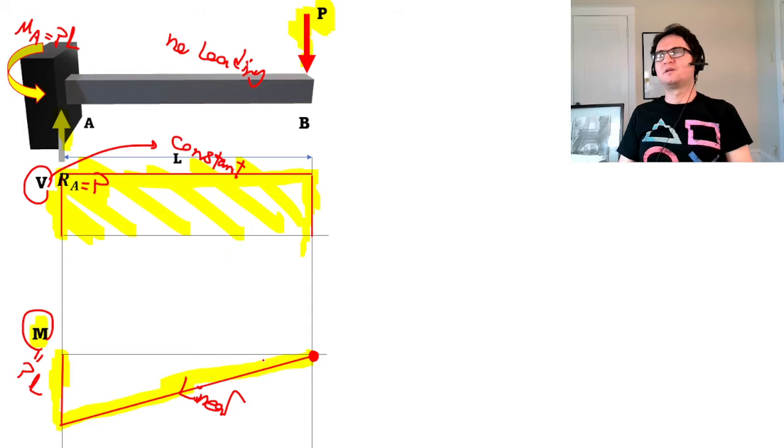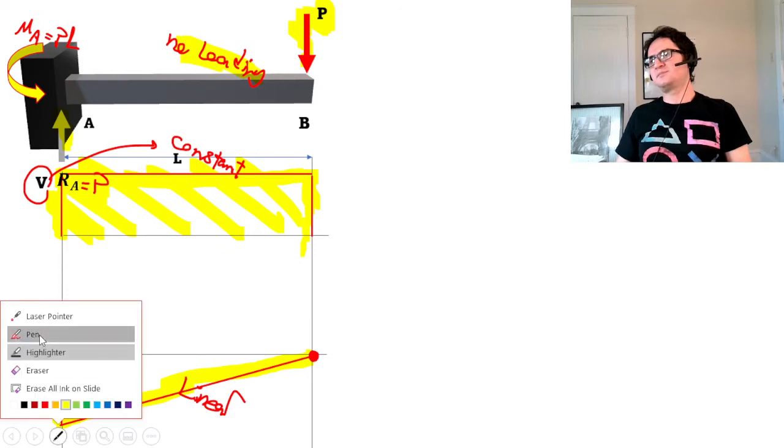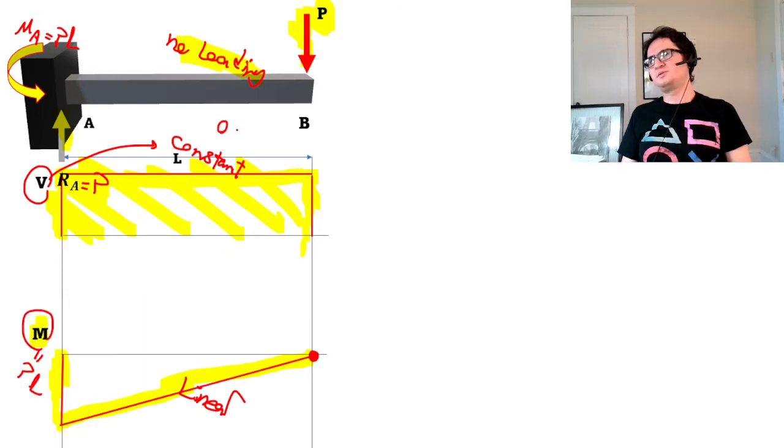So if there is nothing here, this is 0 degree, which is a constant line. And if this is 0 degree, this is linear. That's 1 degree.